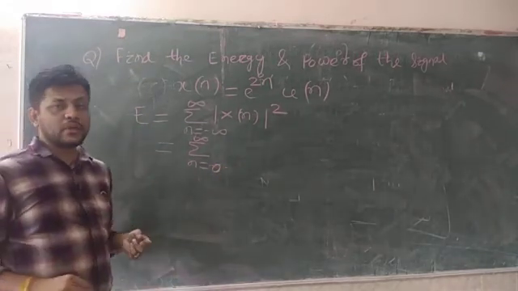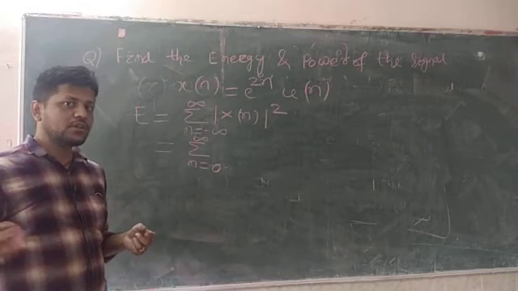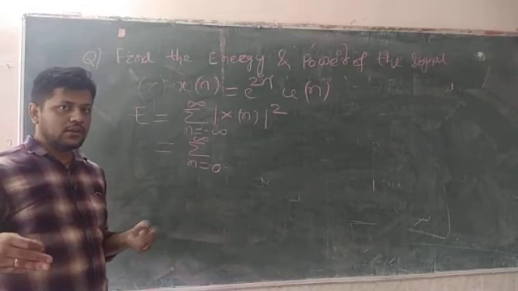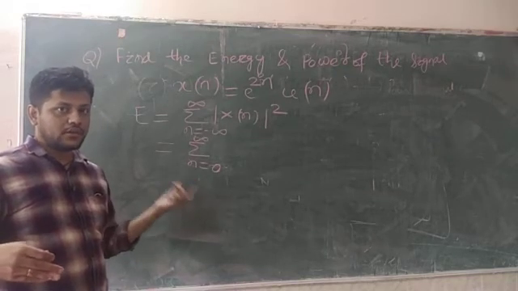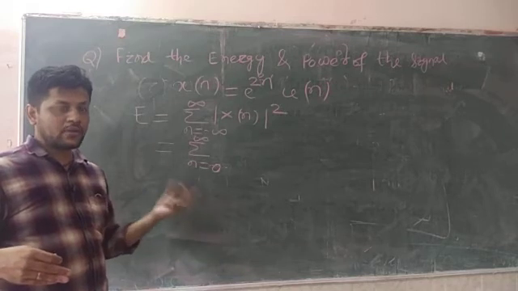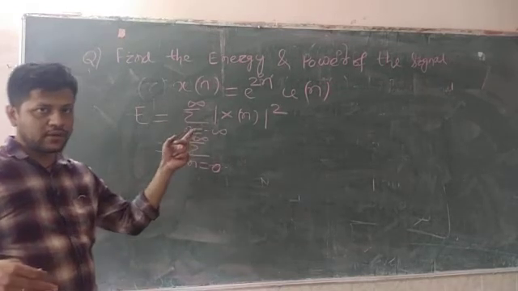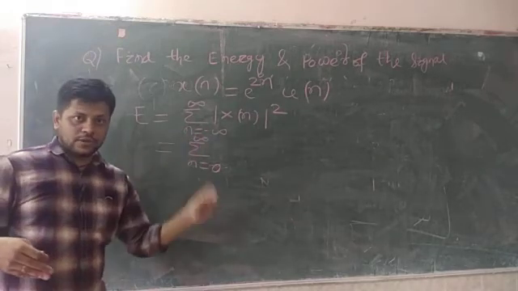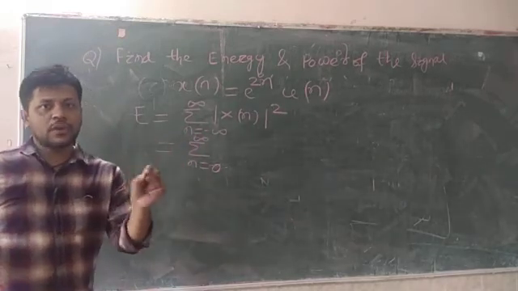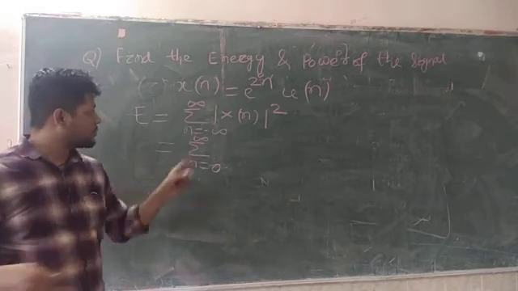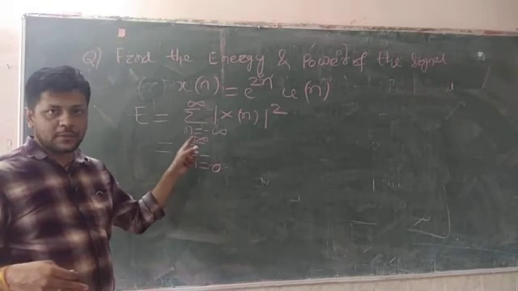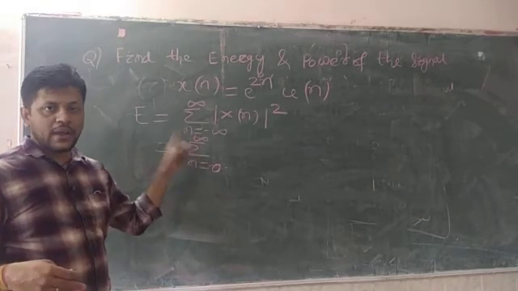Why? Because un is equal to 1 only when n is greater than or equal to 0. Here un becomes equal to 1 only when n is greater than or equal to 0. So for all negative n, the value becomes 0.